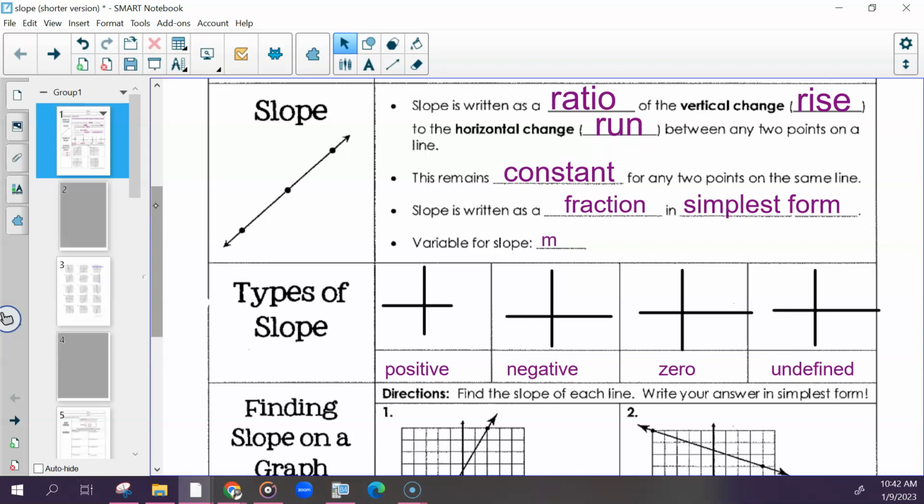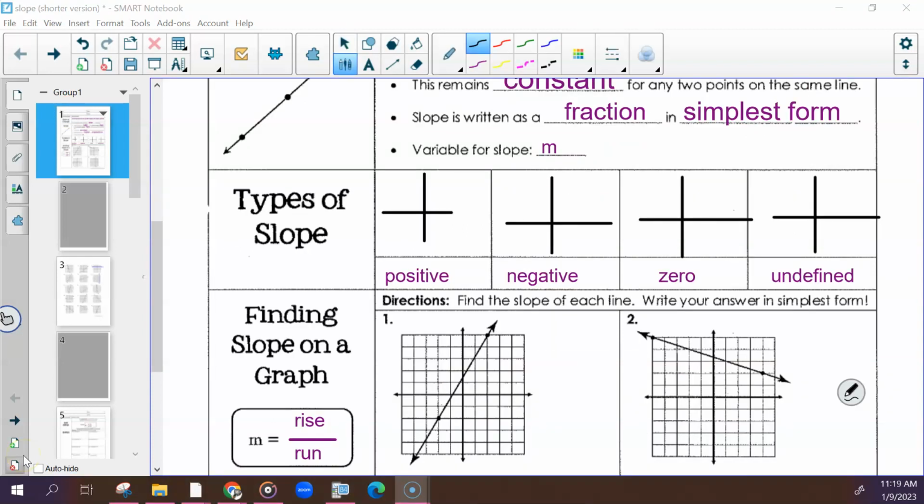And then after you have all of those written down, we will come back from lunch and start defining and doing examples and things like that. Okay, so I'm going to show you what these types of slope would look like, as well as how we can look at them direction-wise.